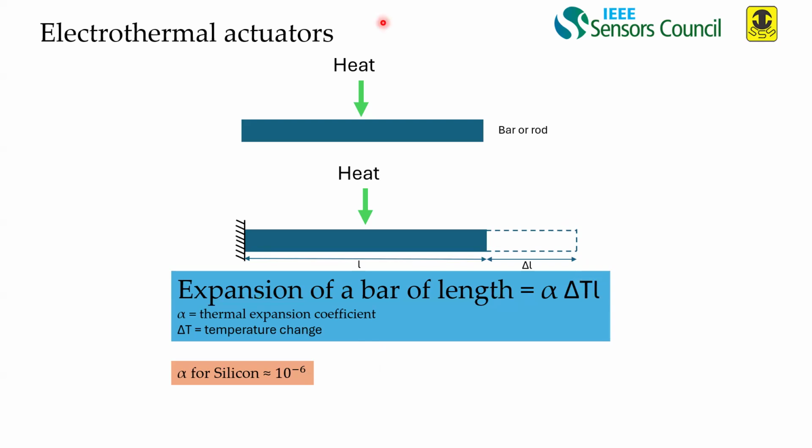But this is an actuator, right? We'll be using it for something, and it is also a very small device. We can't just keep heating it because it will melt and be gone.